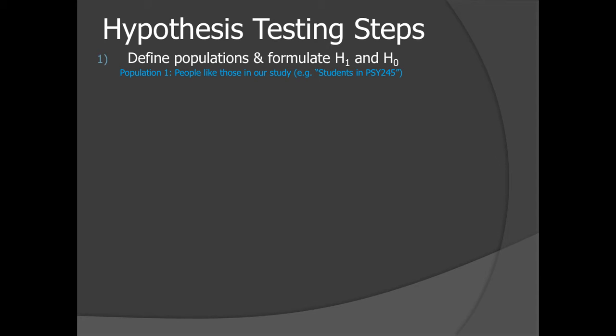So population 1 for this question was people like those in our study, and so that would be students in Psych 245. Population 2 would be students in Psych 245 who are equally likely to be domestic or international. So we were comparing this to an equal representation of both, right? Our expected values were 15 for each since there are 30 students in the class.